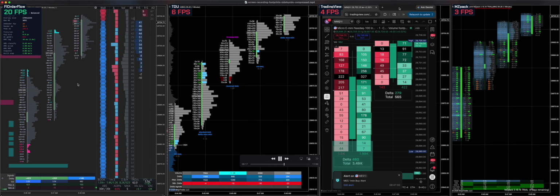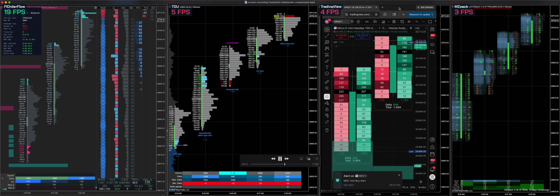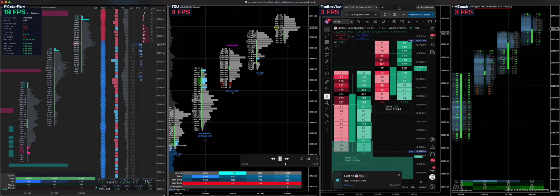Now, the way this is working, by the way, is that the bid and the ask are aggregated, but this is a single one tick profile rendered with imbalances. Or I think it's stacked imbalances only. So you're only going to see stacked imbalances in the profile. It's one tick aggregation, whereas this is aggregated text, so it's made to be readable.